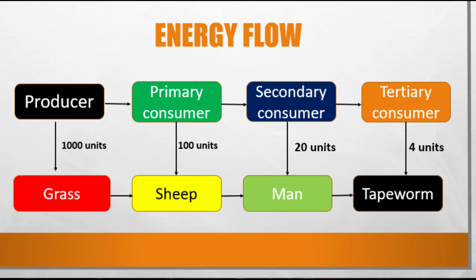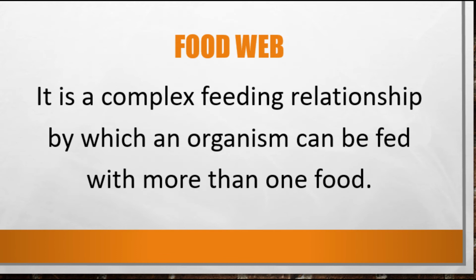We said food chain is a linear feeding relationship. Let's look at food web. Food web is a complex feeding relationship by which an organism can be fed with more than one food. We can say that it is the network of many food chains.